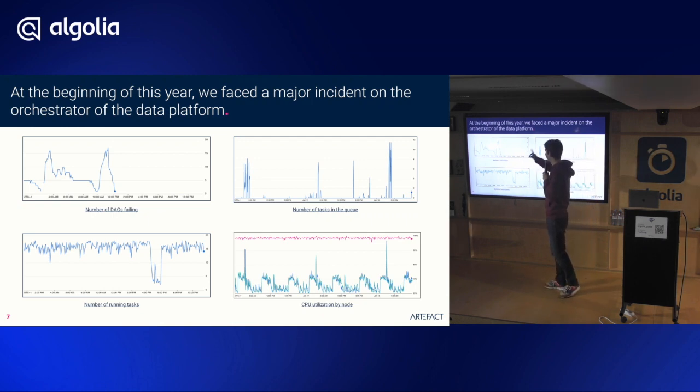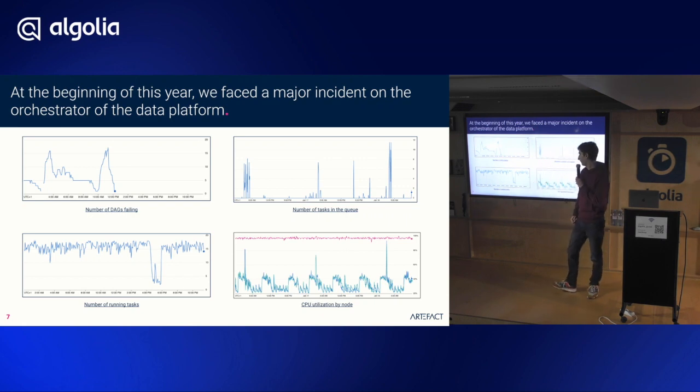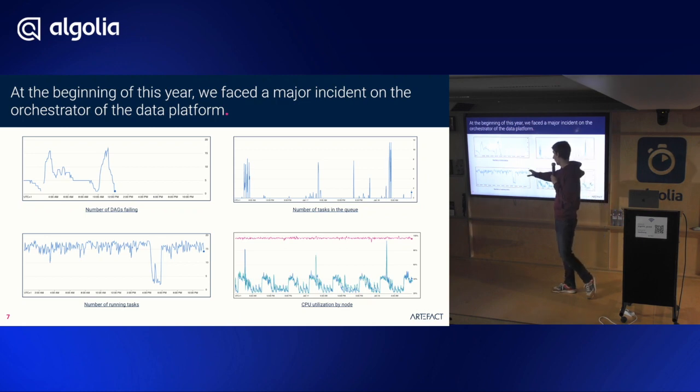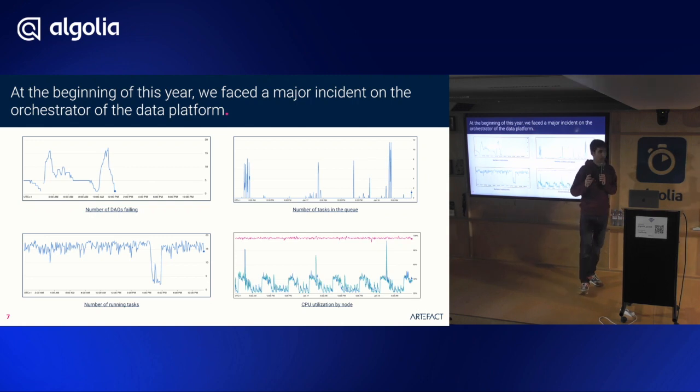We can correlate this with the graph on the bottom left, which is the number of running tasks. Here you can see the number of running tasks is almost at 18, and 18 was the configuration of the parallelism, which on Composer V1 is equivalent to the number of tasks we can run at the same time on the cluster.